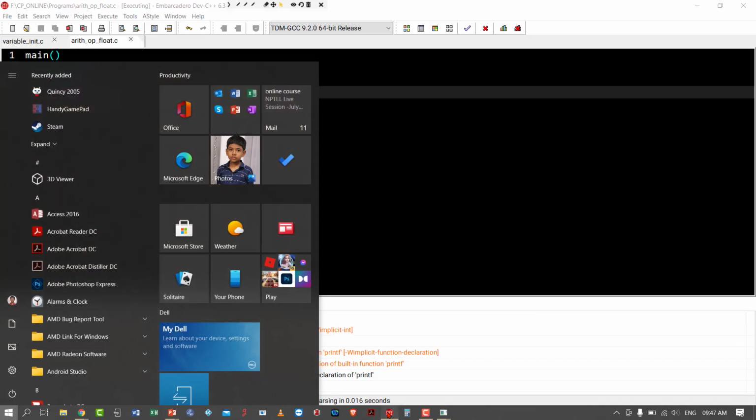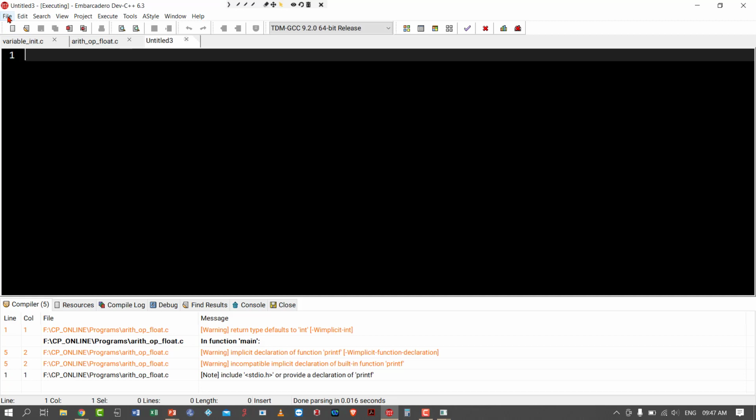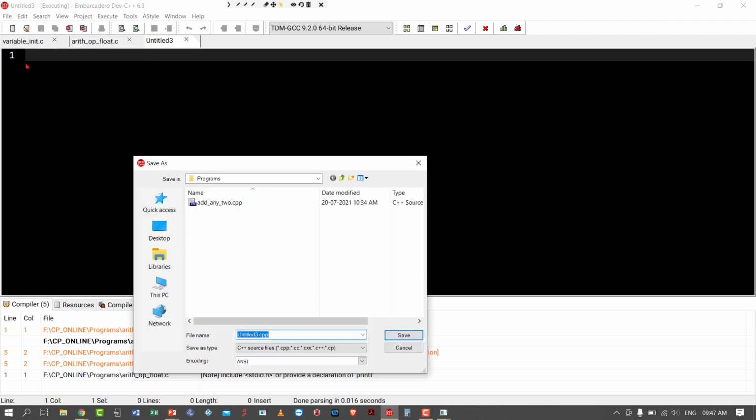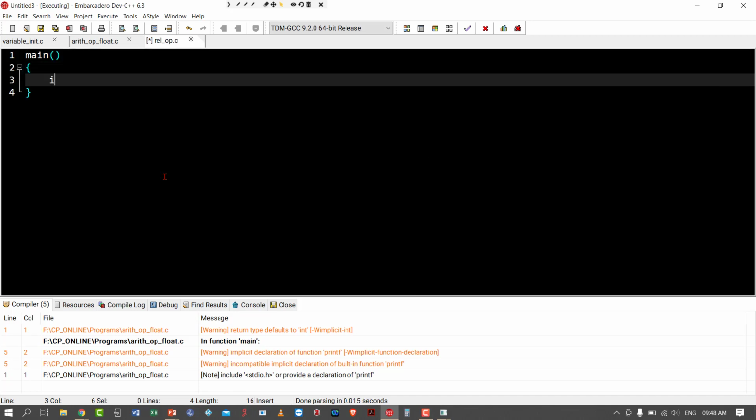So I will do a small, simple example. Relational op dot c, main. Just predict the output. Int x equal to 9, comma y equal to 3.